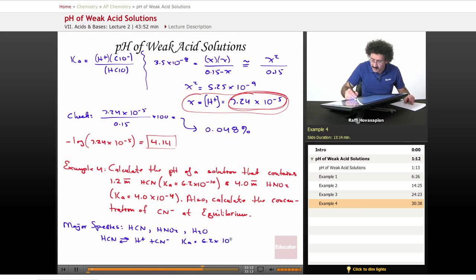Well, the HCN equilibrium, H plus plus CN minus, we said the Ka is equal to 6.2 times 10 to the negative 10. And then the HNO2 equilibrium, H plus, NO2 minus, the Ka for this one is equal to 4.0 times 10 to the negative 4.